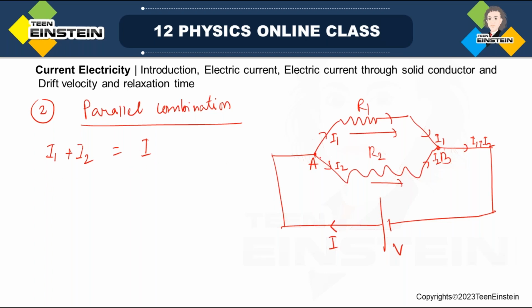Now here, what is I1? It is V by R1, plus V by R2, and this is the equivalent current for the equivalent system with the same equivalent resistance.